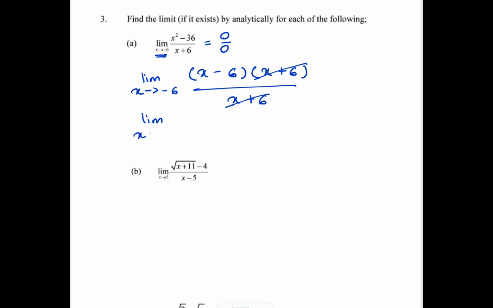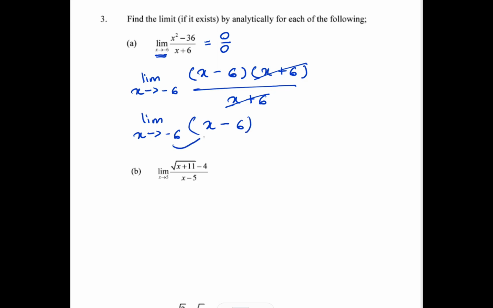So we factorize the numerator, limit x approaches -6 of x minus 6 and x plus 6 divided by x plus 6. This value we can simplify, so we get limit x approaches -6 of x minus 6.